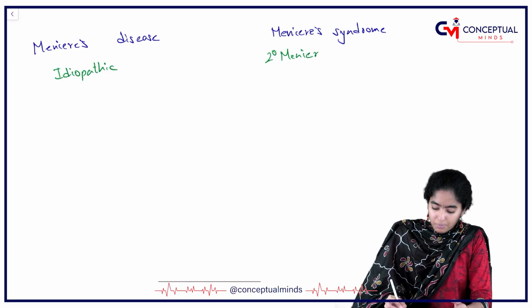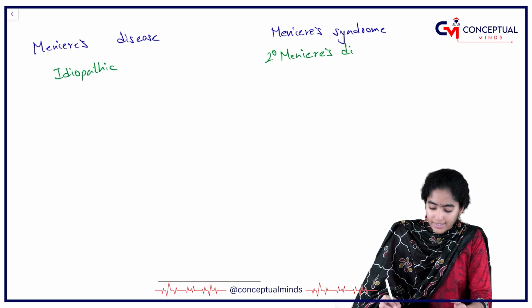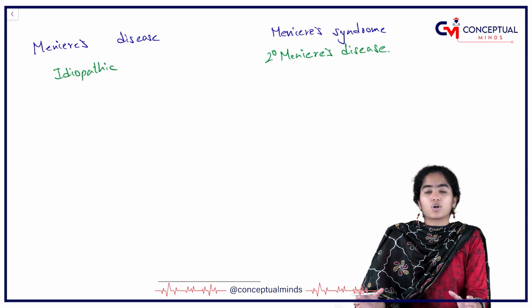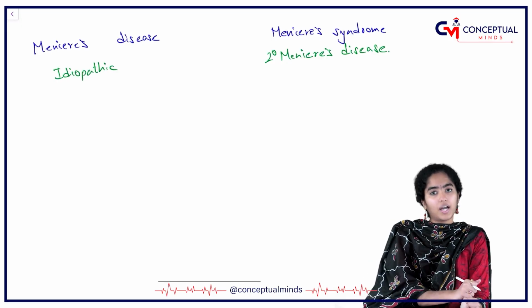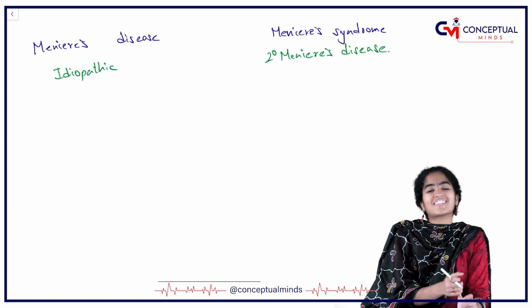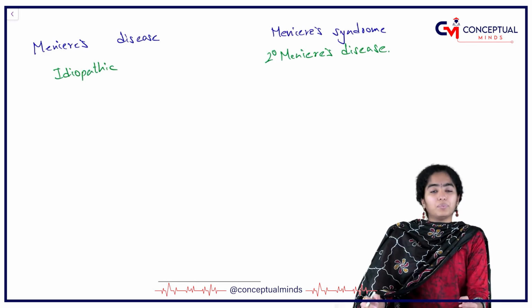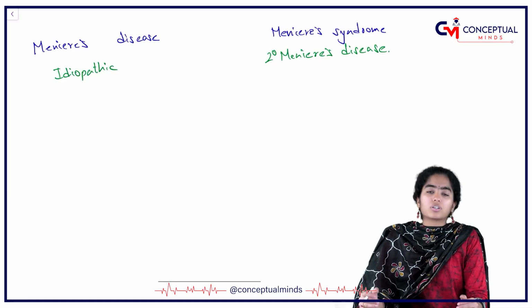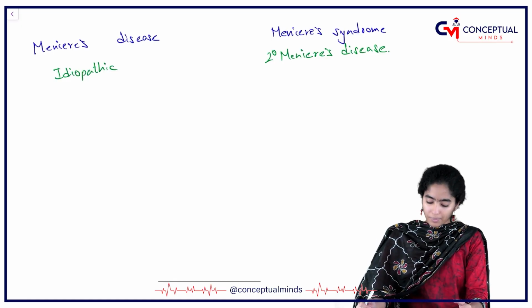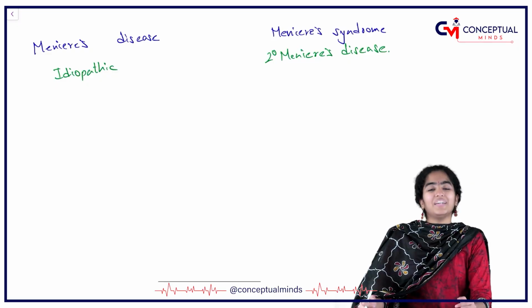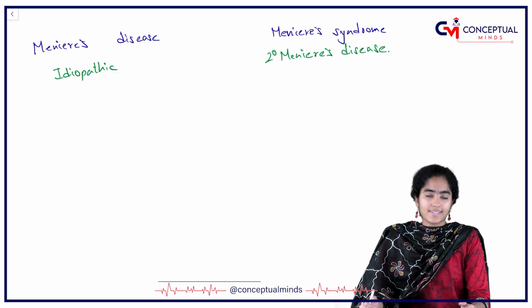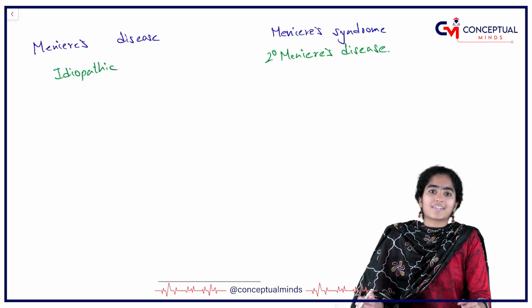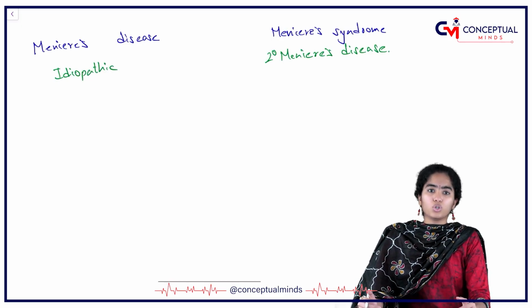Now, whenever we have primary and secondary forms of any disease, primary is always idiopathic and secondary is because of a known cause. Primary hypertension is idiopathic. Secondary hypertension, there is a cause known to it. Similarly here, primary Meniere's disease is idiopathic. Secondary Meniere's disease, also called Meniere's syndrome, has some known cause.